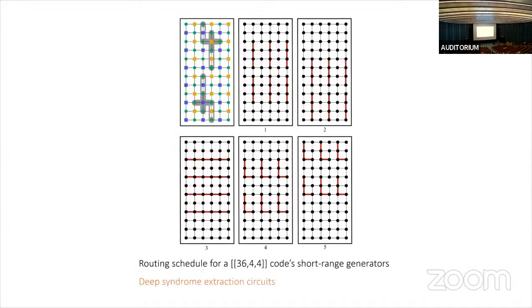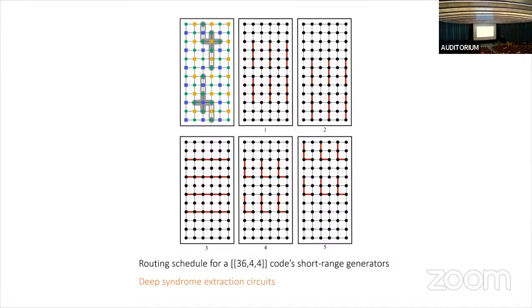And here's an example of a routing schedule that we found by hand for another BB code for the short range generators, so any of the ones that don't cross the boundary. I have included the pink donor Bell pairs that we need to do the purification. We can see that we can do this in 5 steps, essentially. The circuit depth actually is about 10 times longer than this because we have to do the Bell pair generation, the purification, and then the implementation of the CNOT gate.